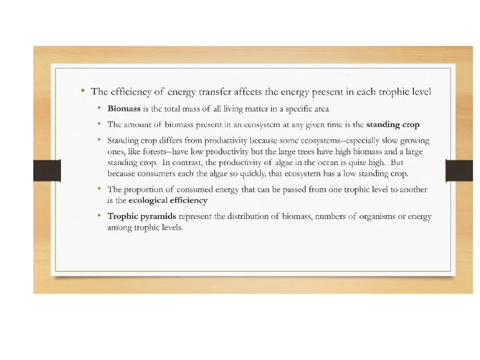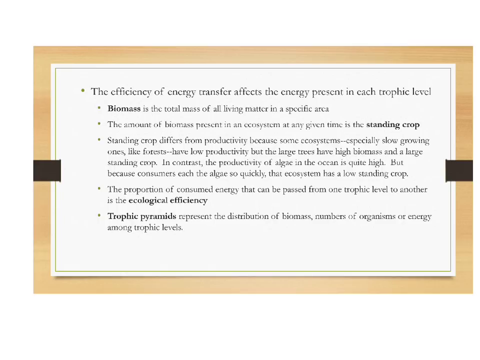So the efficiency of energy transfer affects the energy present in each trophic level. And so again, energy transfer is kind of the overarching theme of this whole thing. We talked about biomass. We're doing a lab on biomass. Biomass is the total mass of all living matter in a specific area.